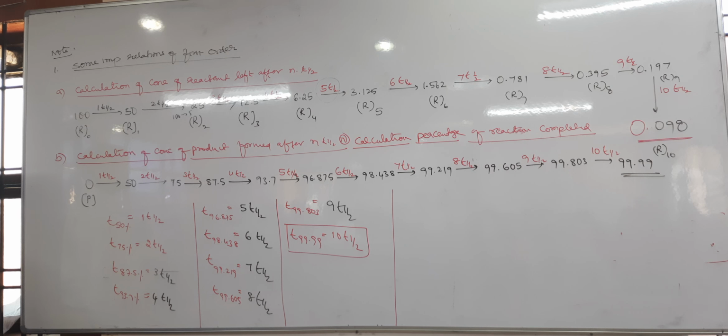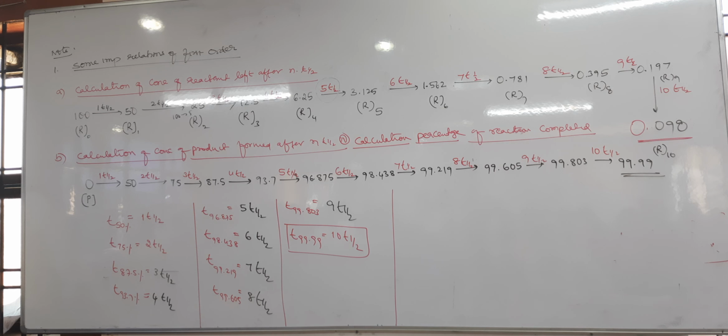Calculate the time required to complete 50% of the chemical reaction. What is 50%? T half. Calculate the time required to complete 50% of a chemical reaction. That is t half. So t half equals 100 by 10.